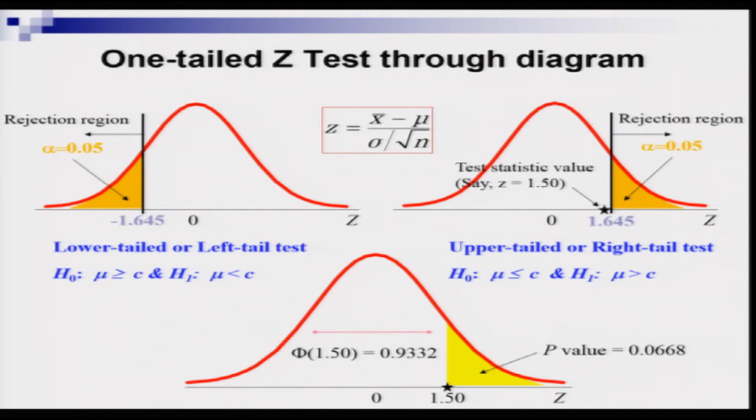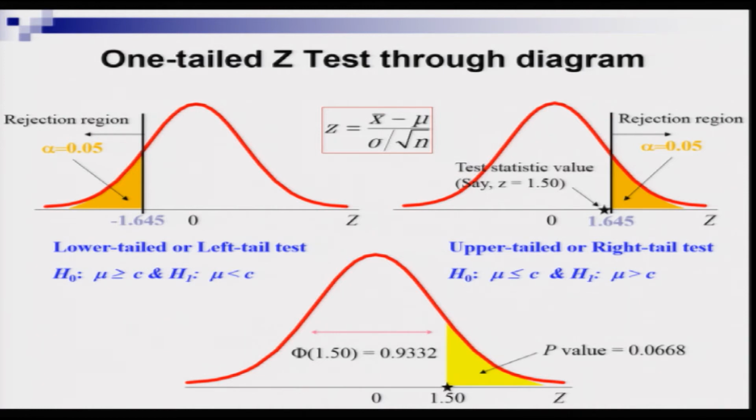So, I have marked that point with an asterisk here, and if you draw a vertical line at that point, then basically what happens, the area that lies at the right hand side of that vertical line at 1.50 and bounded by the standard normal curve, that area actually gives you the p value, and here you see the p value is 0.0668. So, if you deduct 0.9332 from 1, you are going to get this number 0.0668. So, here you see that I have shaded that area with yellow color.